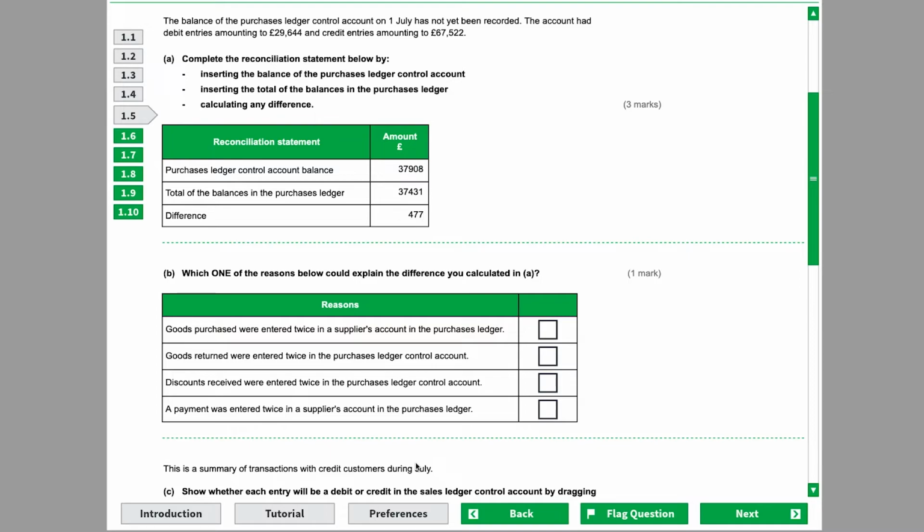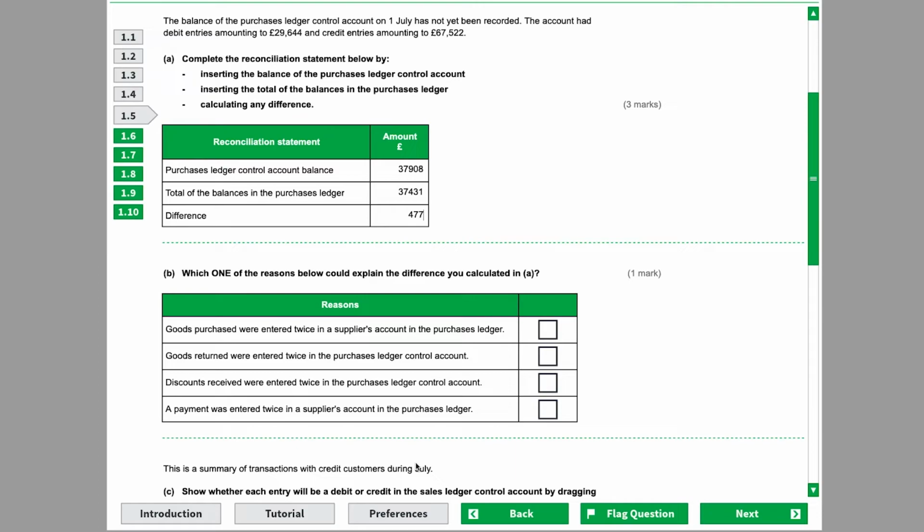Third possible reason, the discounts received were entered twice in the purchase ledger control account. Well, this is very similar to the reason we've just discussed above. So the discounts actually lower the account balance. So if that were true, that would have caused the purchase ledger control account to be lower, which again, it's not, it's the higher of the two figures, so it can't possibly be that reason.